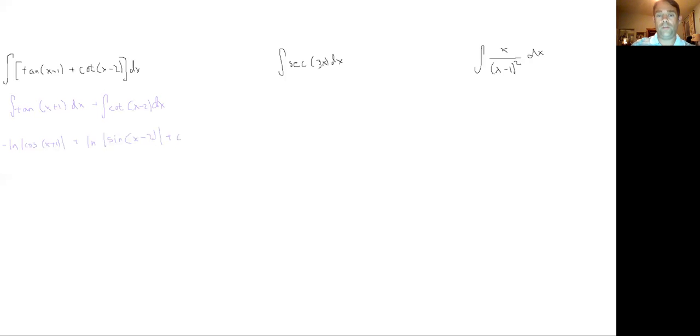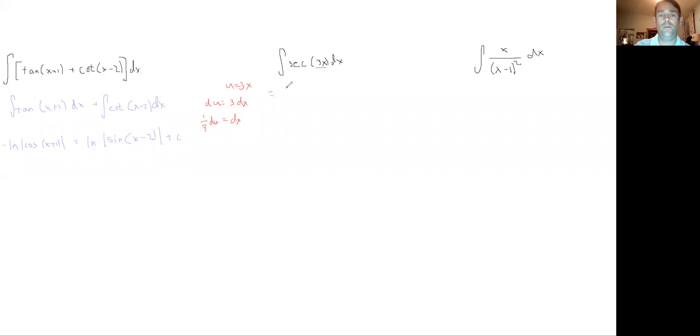Well, the thing that bugs me about this one is I got a 3x in there. So that tells me I probably better do a u sub again. So then when I do that, I get u equals 3x, or du equals 3 dx. So 1/3 du equals dx.